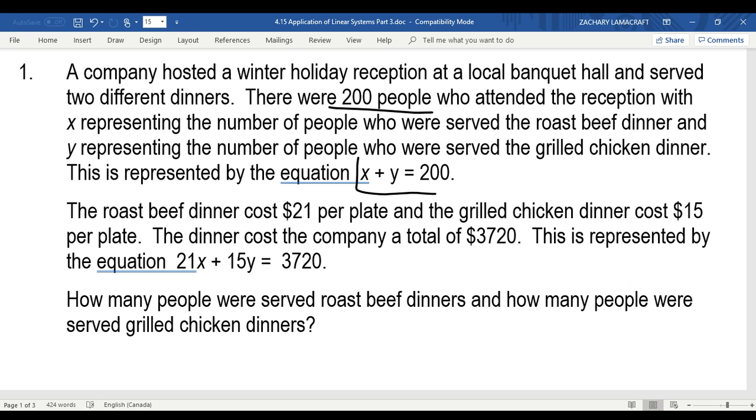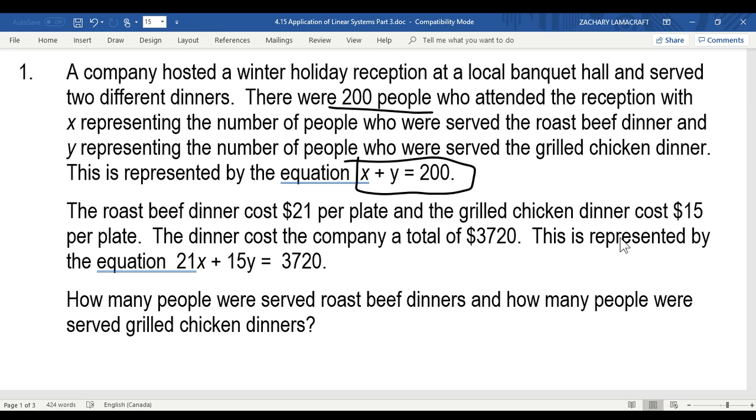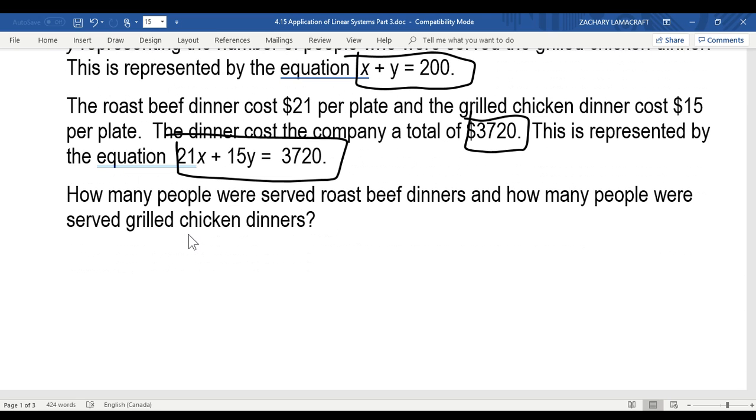And it gave us the equation x plus y equals 200. Well, associated with this, the roast beef dinner cost $21 a plate, and the grilled chicken cost $15 a plate. So together, the cost of the dinner was $3,720, giving us the equation 21x plus 15y equals 3720.